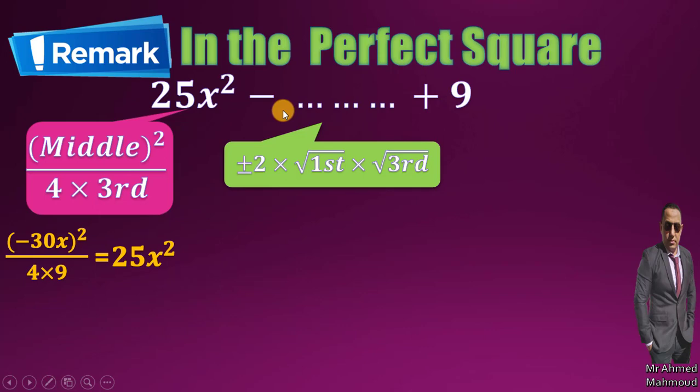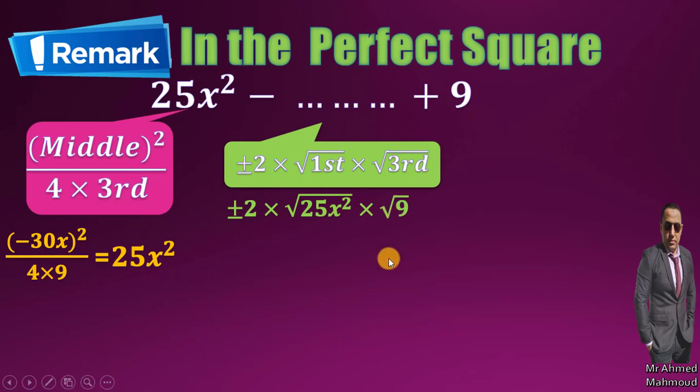It may be positive and may be negative, so you have to write the 2 possible values, negative or positive, when you find the missing term. So back to the rule, it's negative or positive 2 times root the first times root the third. How come, Mr. Ahmed? Equals negative or positive 2 times root 25x power of 2 times root 9.